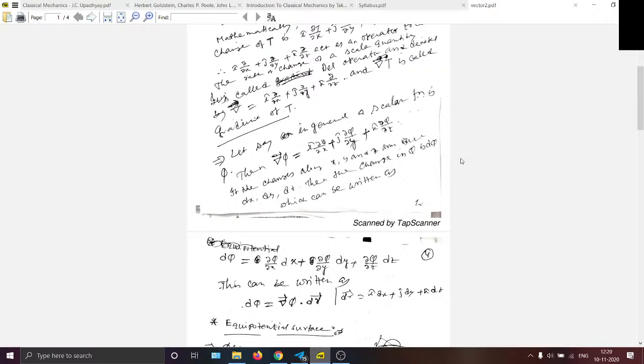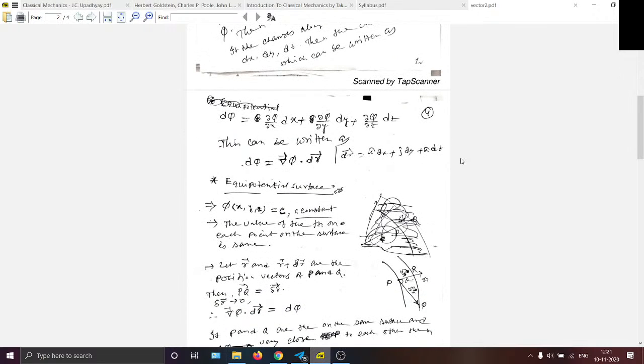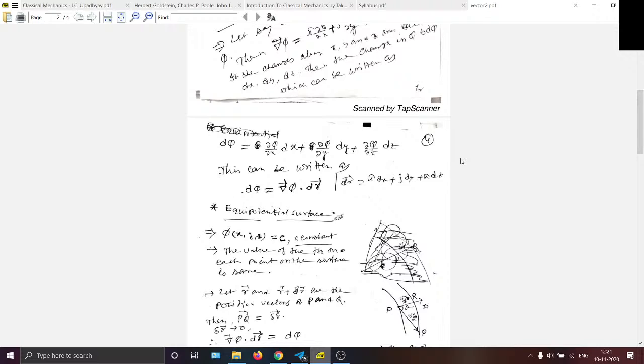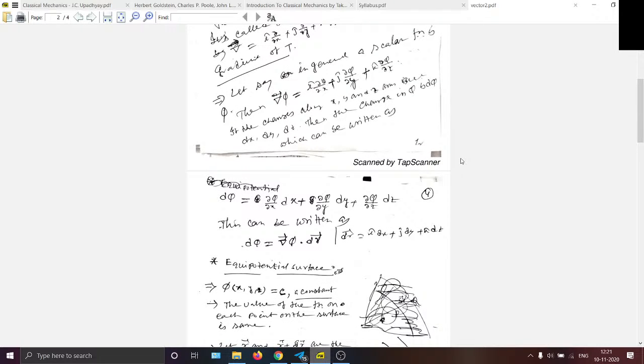That means d phi is equal to, actually we are at the top of page 4, d phi is equal to del phi del x into dx plus del phi del y into dy plus del phi del z into dz. So this is your total change in your function phi.